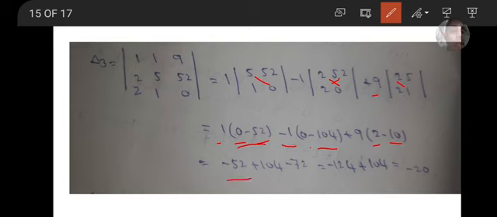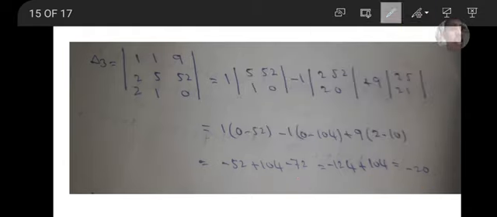Minus 52, it is minus 104, plus 104, minus 8: 2 minus 10 is minus 8, minus 8 into 9 is minus 72. So minus 52 minus 72 means minus 124 plus 104. Minus 124 plus 104 means minus 20.